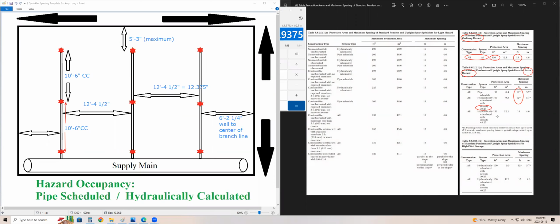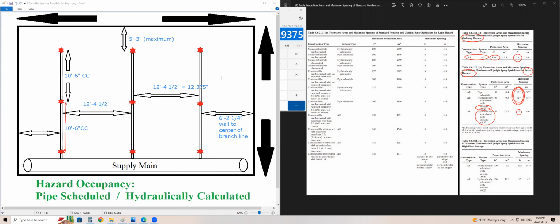You know what I mean? This is where a designer really has to step in once you start getting to these different types of hazards. This doesn't mean anything to me, but if there is a hydraulically calculated system with a density of less than 0.25, then our spacing goes back to a maximum of 15. But greater than or equal to 0.25 density, your maximum spacing is 12 feet right here. So keep that in mind, because that's where things start to get a little tricky on people, right?